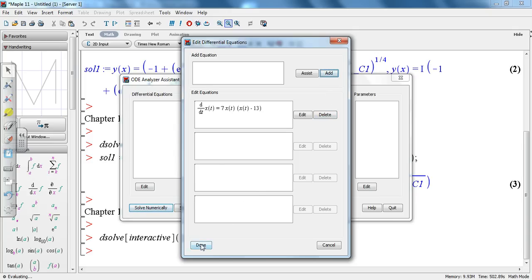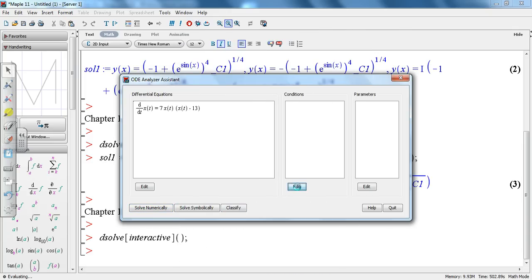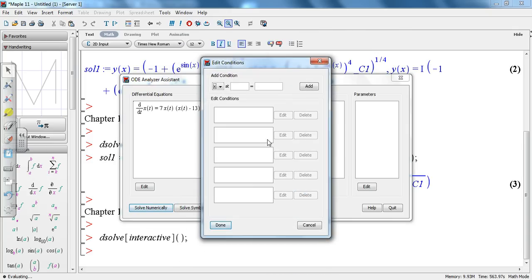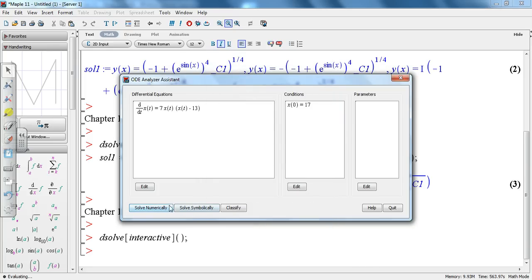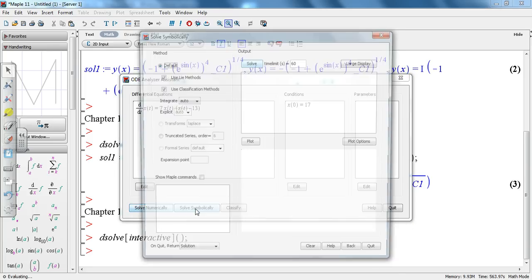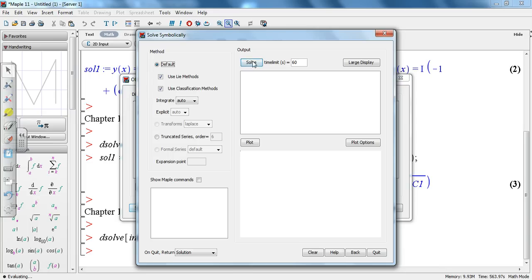So we're done with entering the equation. We have to put an initial condition in. x at 0 is 17. And then I would solve it. And that looks pretty much like my answer.